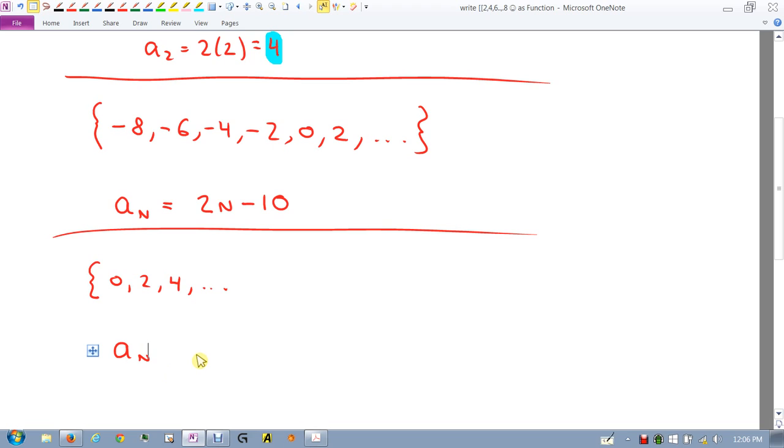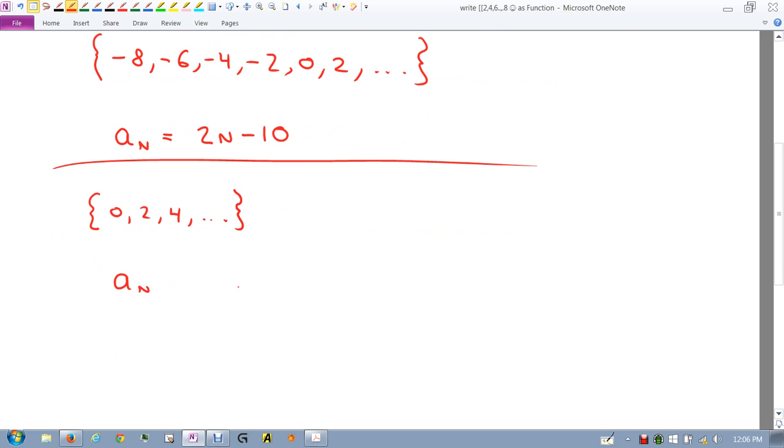This isn't any harder, it's just make sure you're understanding it. Who's going to give me this one? 2n minus 2. Same idea, right? It's the even numbers shifted over 1. Now, I wanted to show you that one because these are the even numbers starting at 0, right?